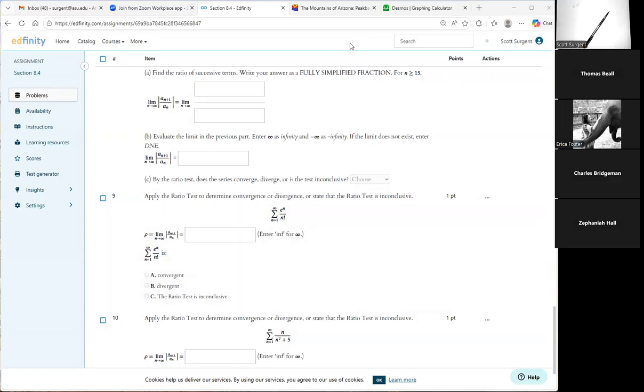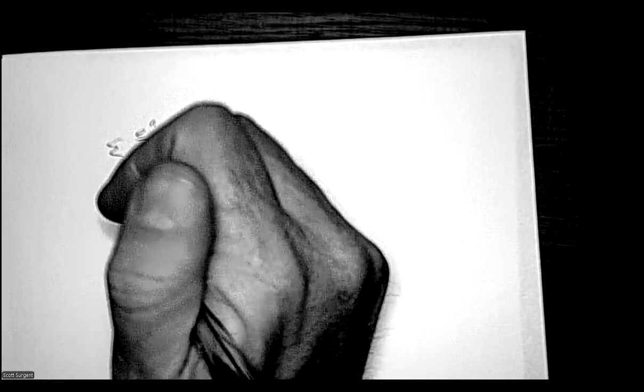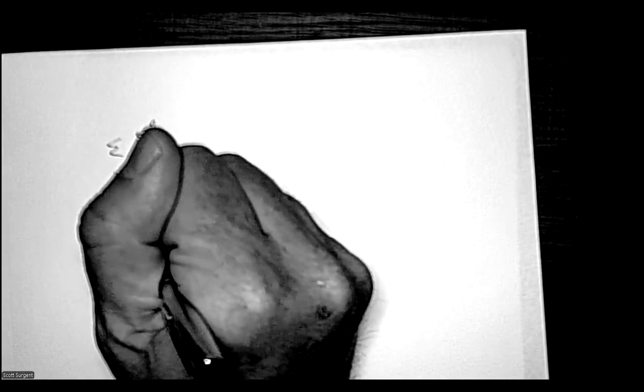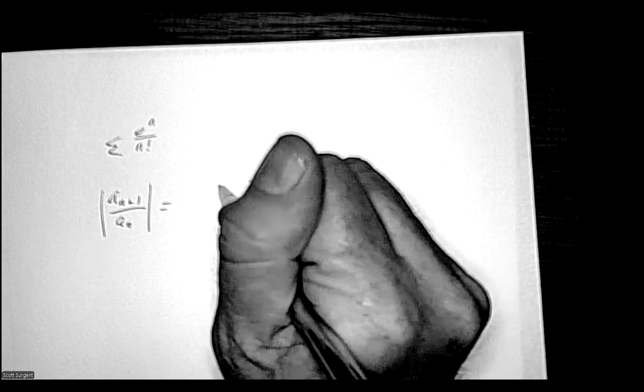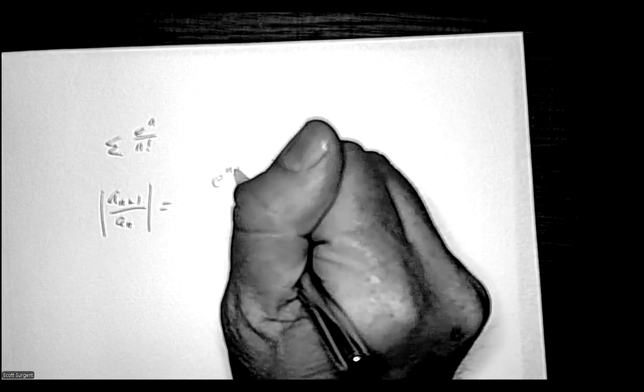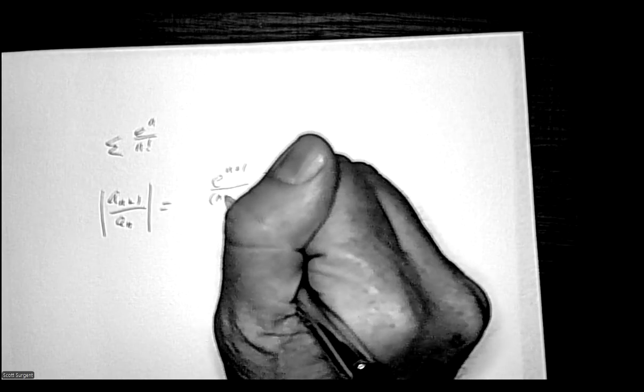So what I do is I set up a quotient of successive terms. In this case, the absolute values are not really necessary because these are always positive, but I'll go ahead and put them in there at least that first time.